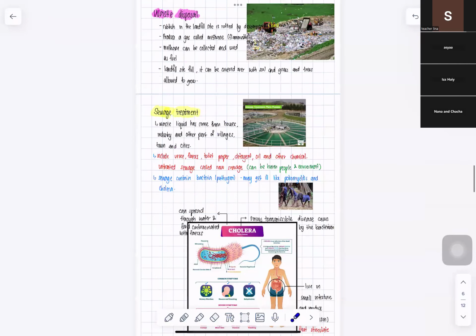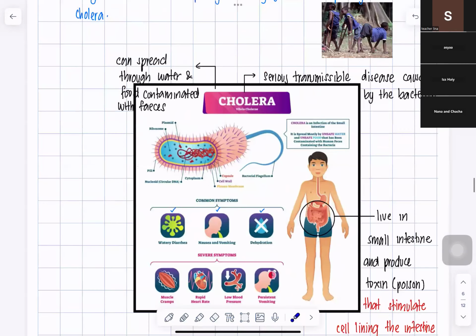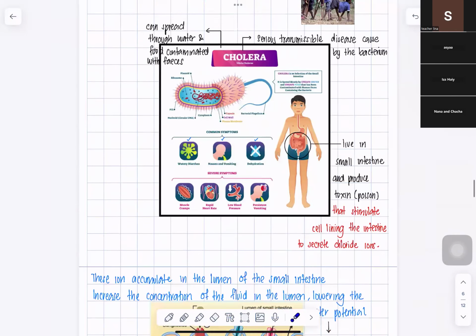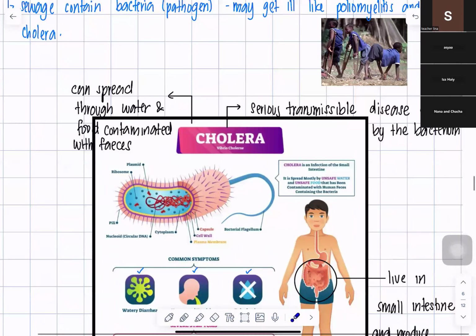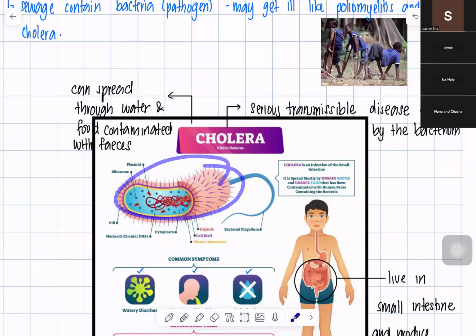So now we go for cholera. Cholera is a very famous question. The bacteria of the cholera can spread through water and food contaminated with feces.